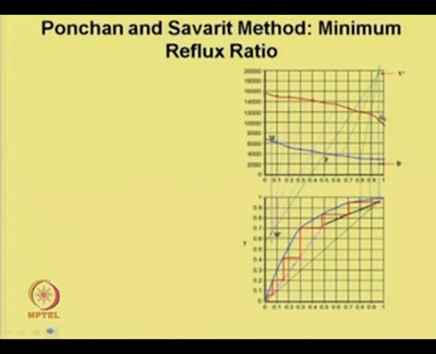Now, using the Ponchon-Savarit method, we could obtain the minimum reflux ratio. To obtain the minimum reflux ratio, which is R min, we need to obtain the pinch point.